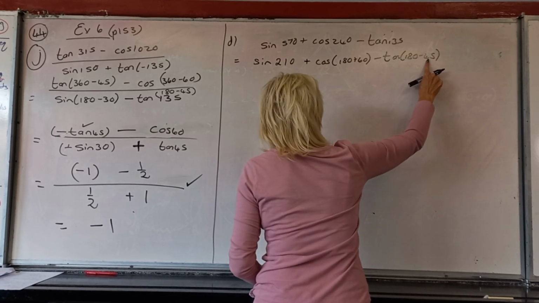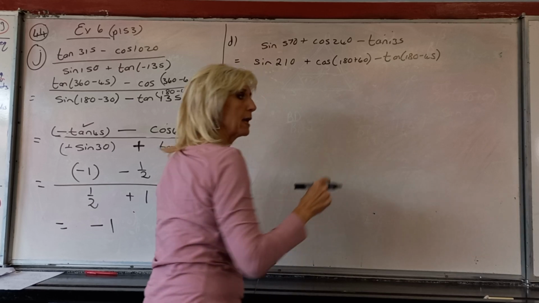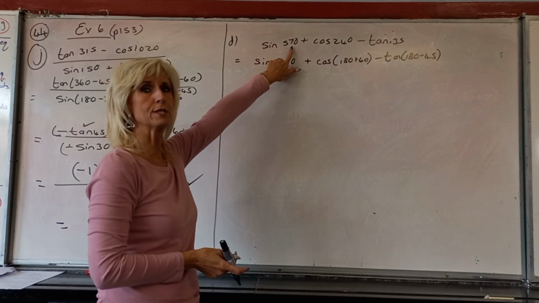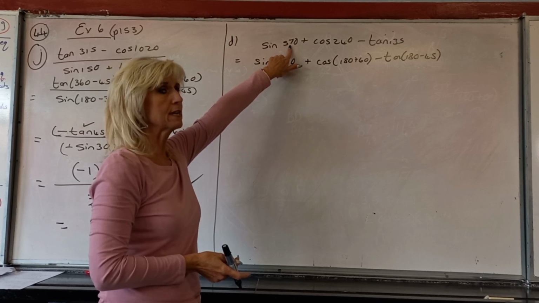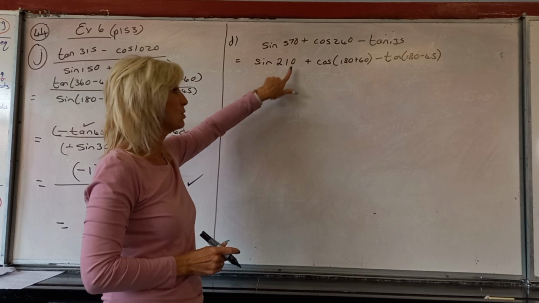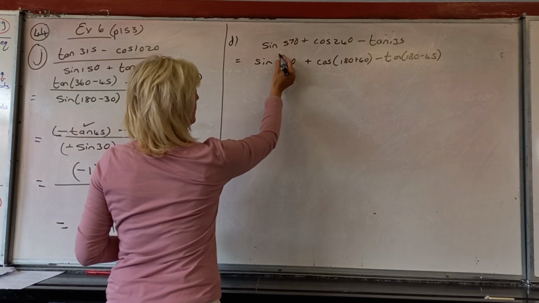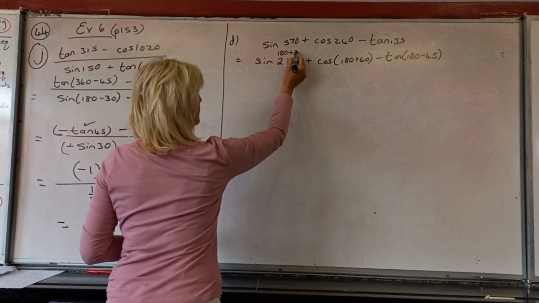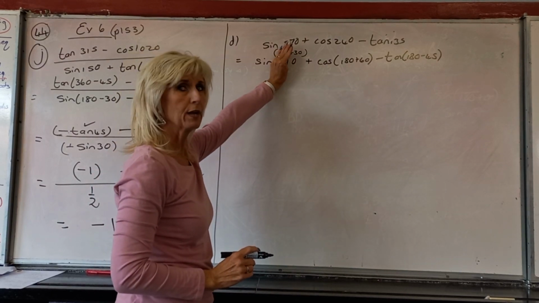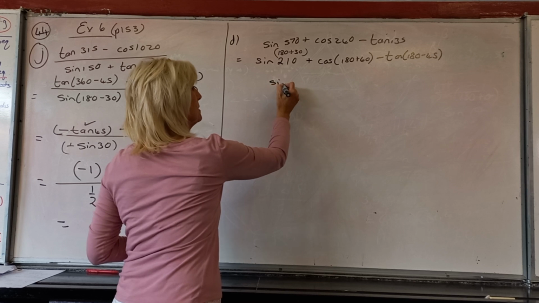And I'm excited when I see the 45 and the 60 coming out there, so that I know it's special angles. Now, unfortunately, I have to do 2 steps here. So I've got the 570 reduced to something less than 360. Then you still have to go and say 180 plus 30, which is going to go poof, and you're going to be left with 30.